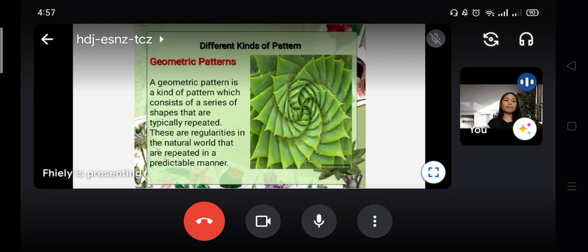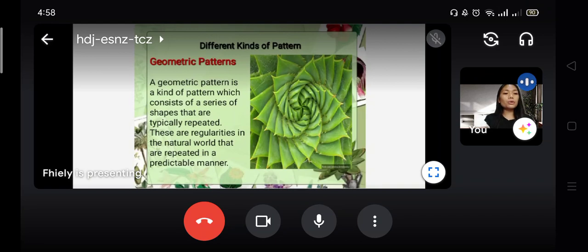Okay, that discussion was intended for the different kinds of patterns. So I will call on Mr. Villa Spin to enumerate the 6 different kinds of pattern. Okay, thank you.